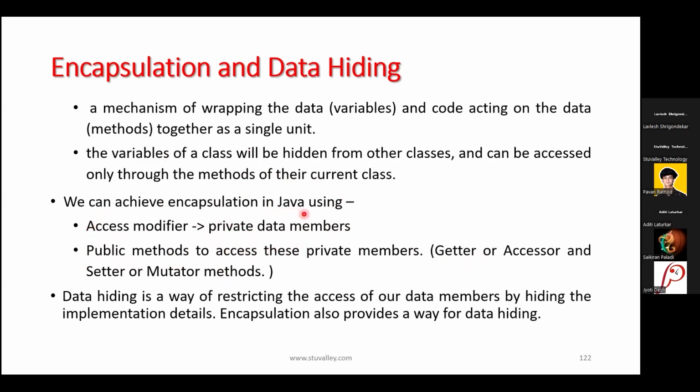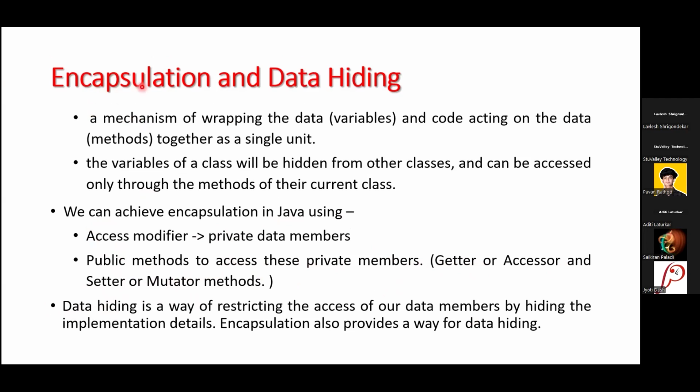In this way, we can achieve encapsulation in Java. These public methods are also known as getter and setter methods, or accessor and mutator methods. So basically, using encapsulation, we are hiding our data.